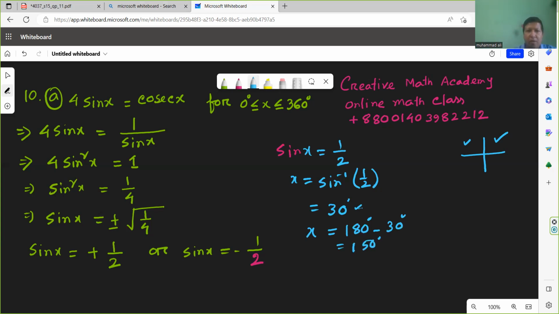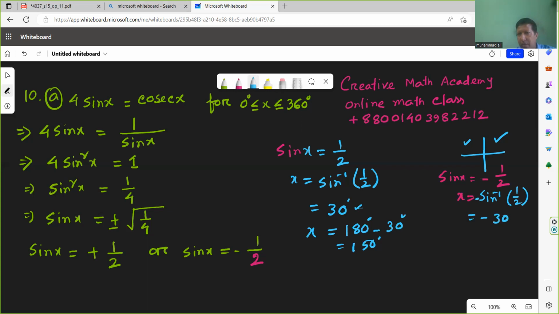The second part, sin x equals minus half. So x equals sin inverse half. You just keep the minus outside, then minus 30.